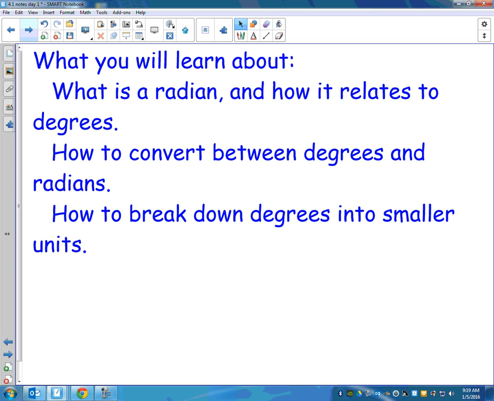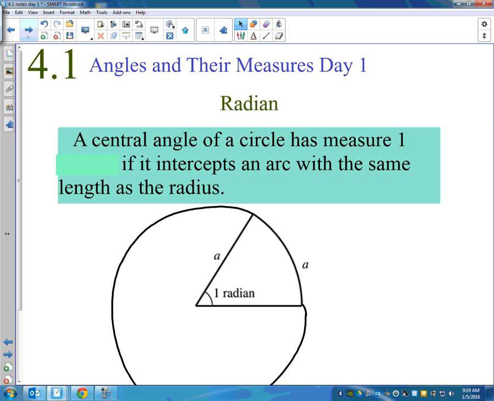We're going to talk about converting degrees to radians today, and what a radian is is the big concept. All right, so a central angle of a circle has a measure of 1 radian if it intercepts an arc with the same length as the radius. Is it really important that you memorize that definition?